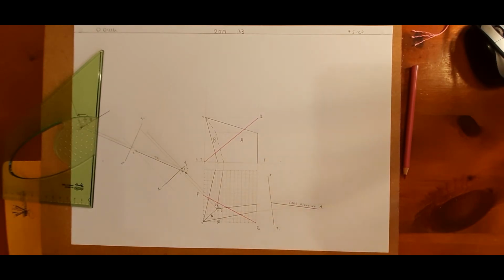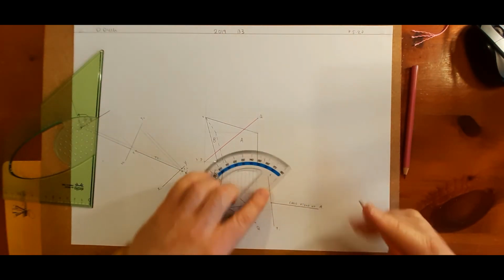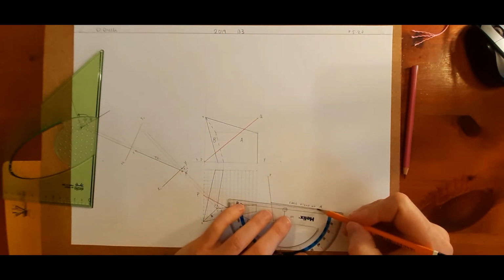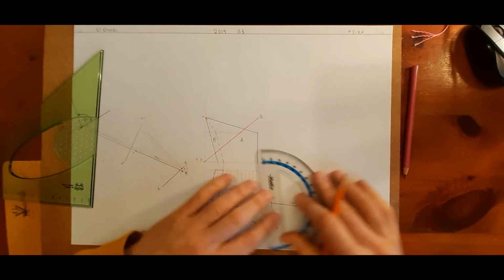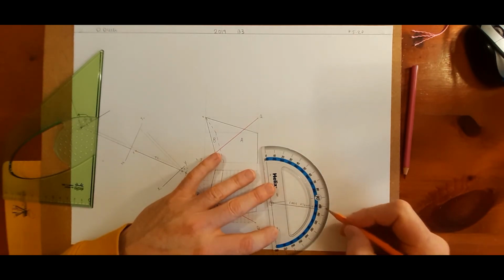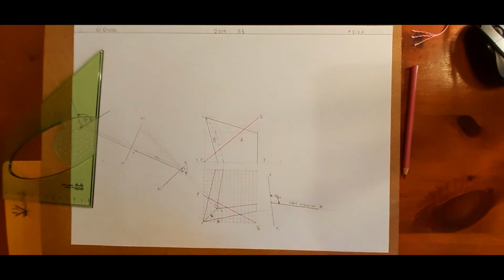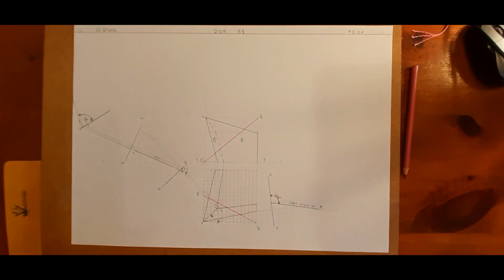So what we need to do now is get our protractor. I'll just extend that on so I can read it. This protractor is pretty big. And I make it there to be 104. And that is part C done.